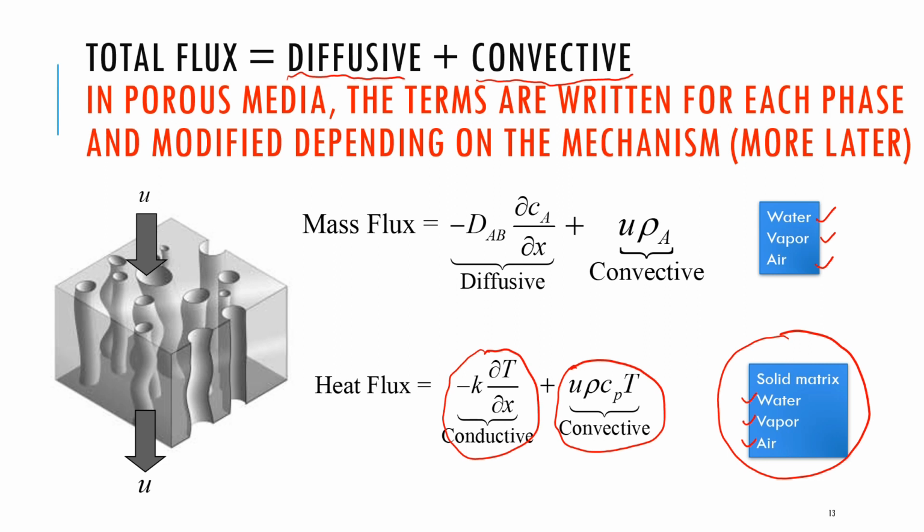So we're going to basically use these equations for each phase, and that's how we're going to build the flux equation for all the components together in the overall heat equation or the mass equation for each phase. This we will be developing in the following section.